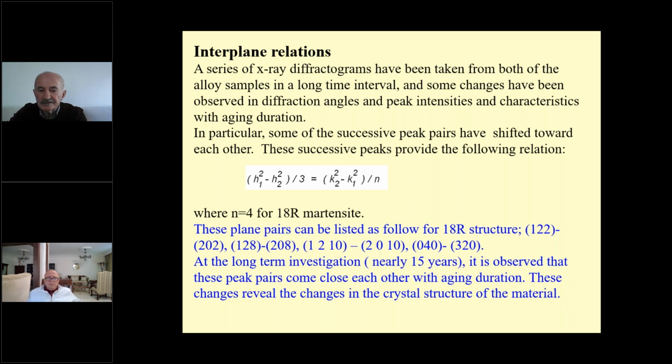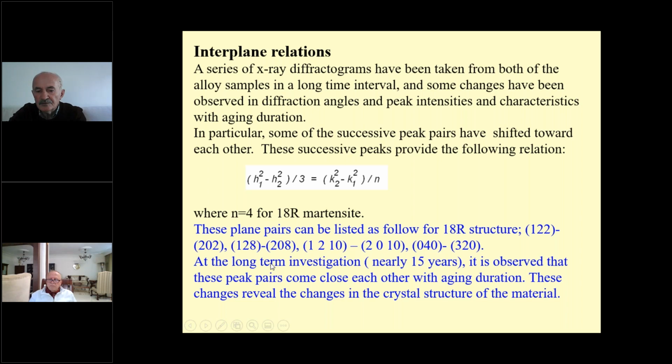These plane pairs, as I mentioned on the diffractograms, can be listed as follows for 18R structures: 122, 202, 128, 208, 110, 2010, 040, 320, and others.